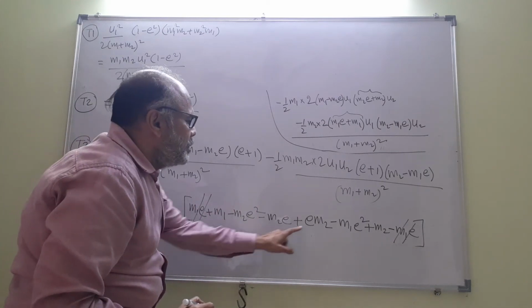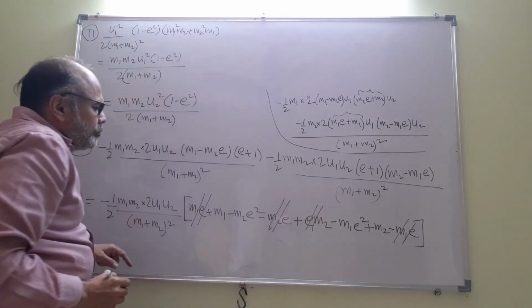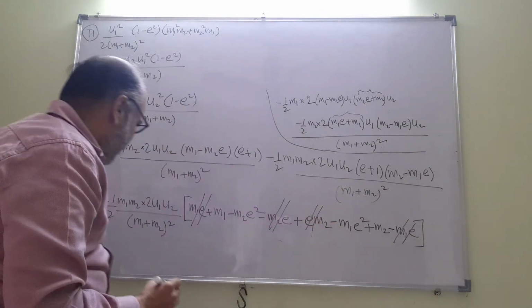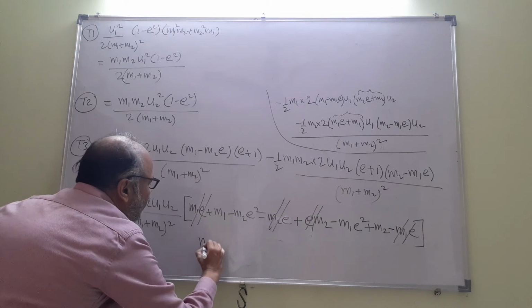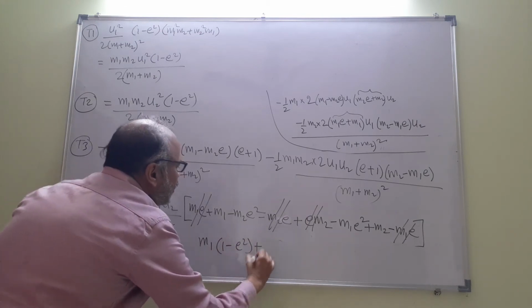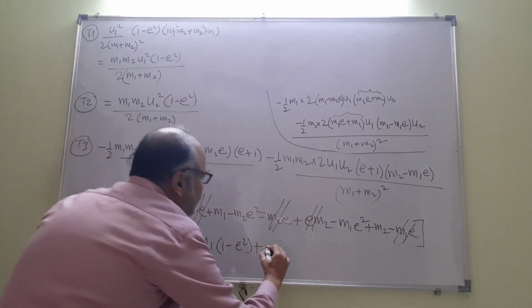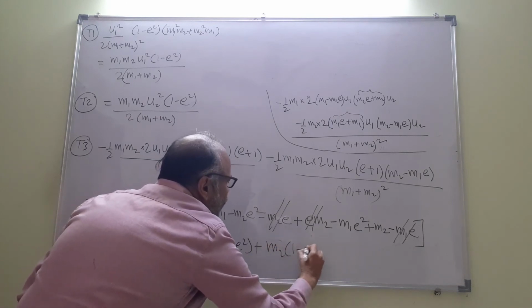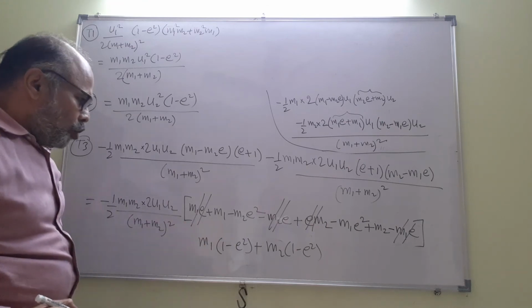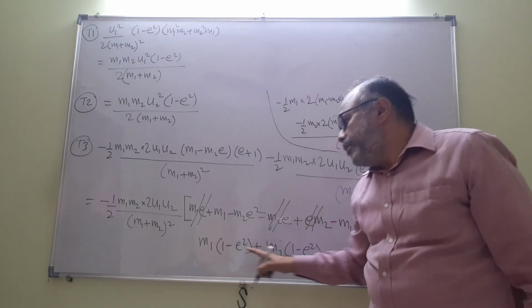Minus m2e and em2, that cancels. So you have an m1 and minus m1e squared. Club those terms. So you will have m1 into 1 minus e squared, and you have an m2 term and minus m2e squared. So that will be m2 into 1 minus e squared. So you can remove 1 minus e squared common. If you remove 1 minus e squared common, you will have m1 plus m2.